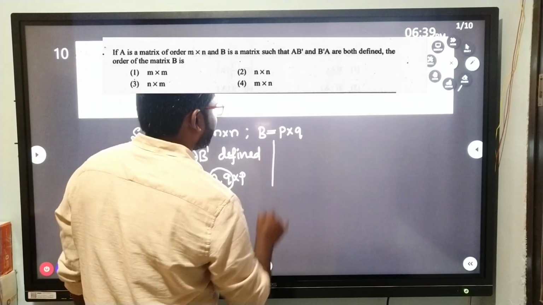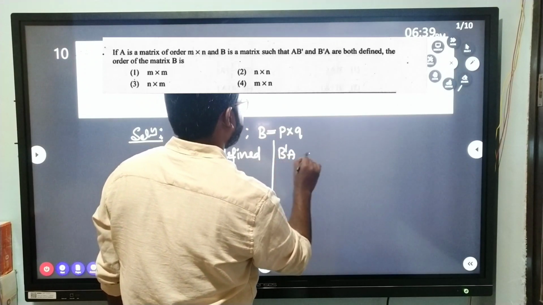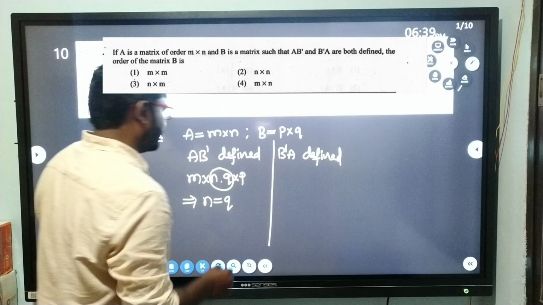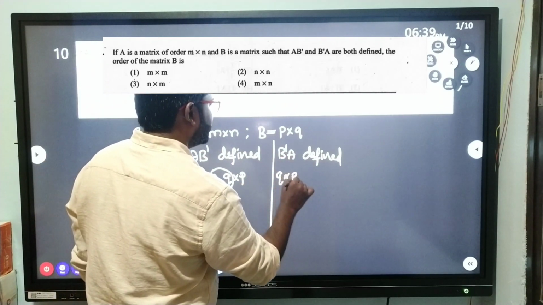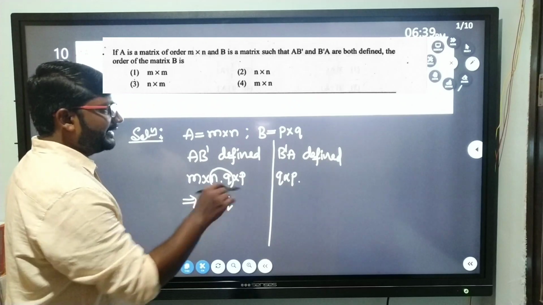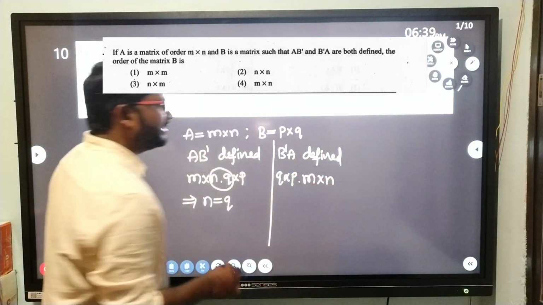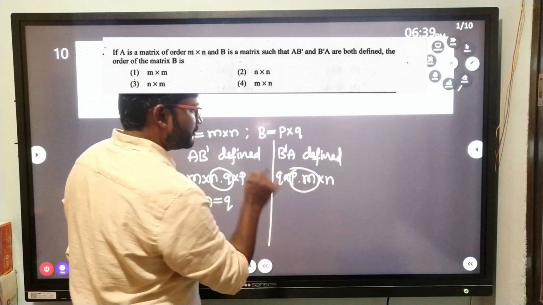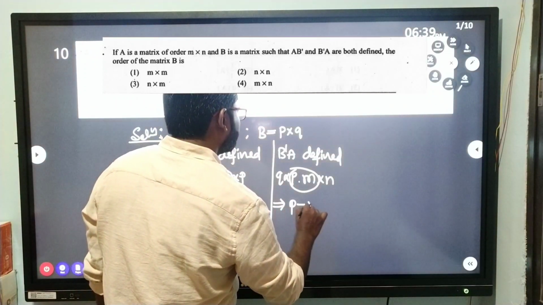Now I'll take up the second case. B dash A is defined. Then B dash means Q cross P into A, which is m cross n. B dash A is defined means these two must be equal. This implies P is equal to m.